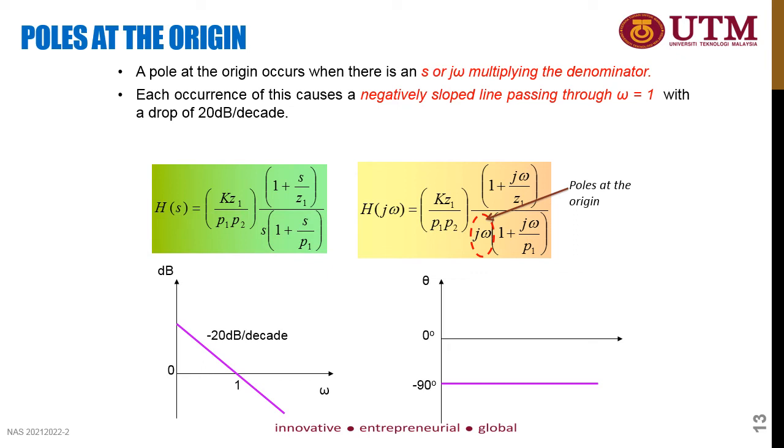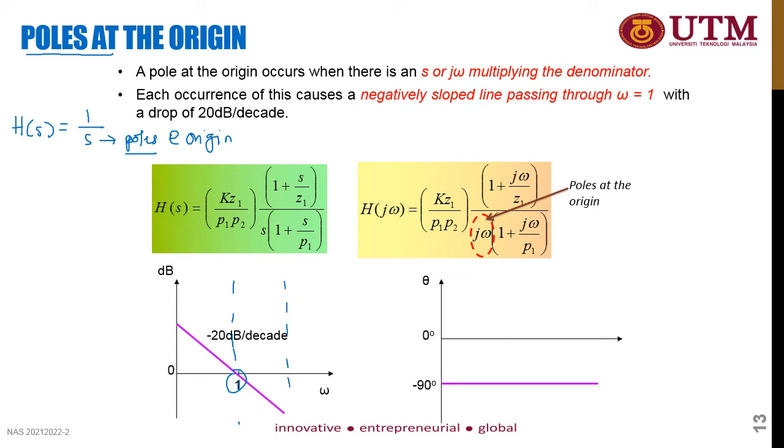When you have zeros at origin, you have a positive slope increasing by 20 dB per decade and crossing at 1. But when you have poles at origin, you know that s will be at the bottom as the denominator. For example, you have H(s) equal to 1 over s, with s at the bottom and outside the bracket. This is poles at origin, meaning the line has a negative slope, while zeros have a positive slope. The line goes down, crossing at origin, which is 1, decreasing by 20 dB per decade.